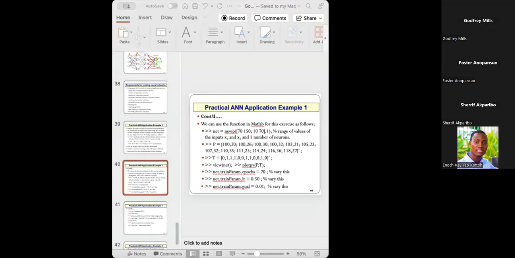I'm going to plot my P and then my T. Oops, the number of rows is more than this. Do I have more rows? Let me count: 1, 2, 3, 4, 5, 6, 7.